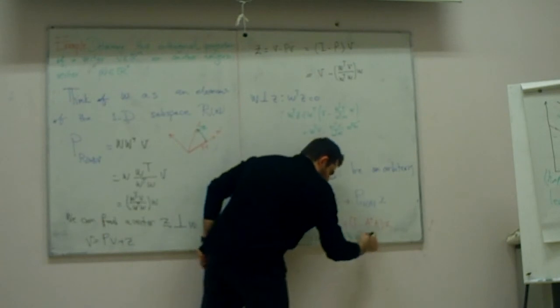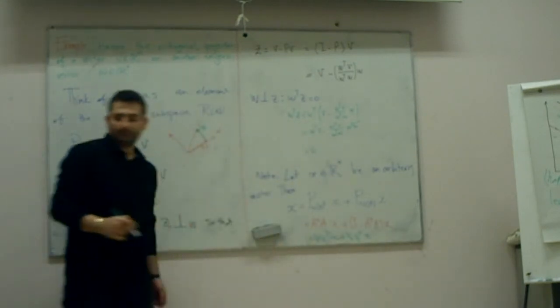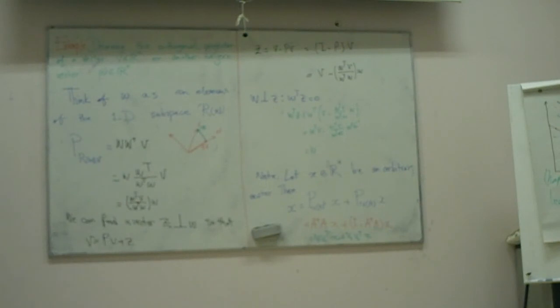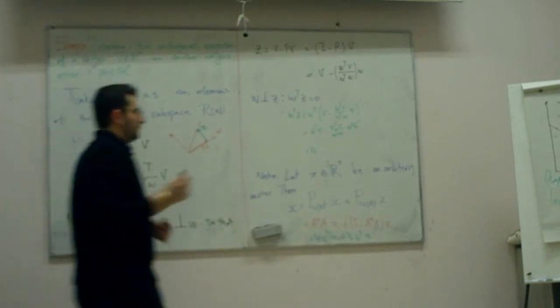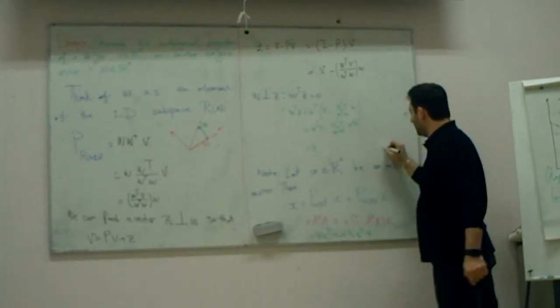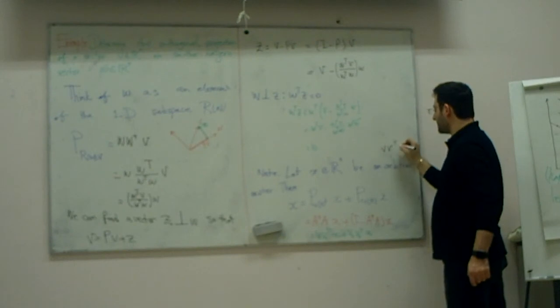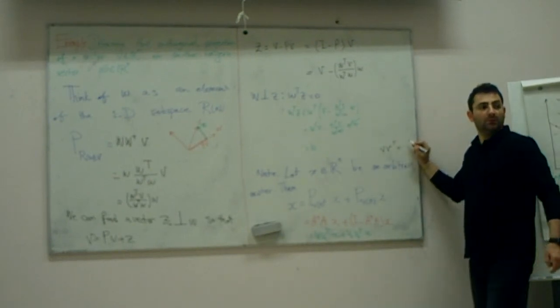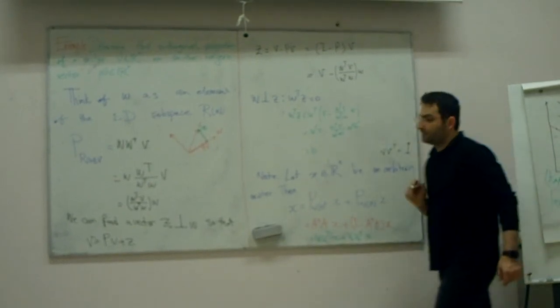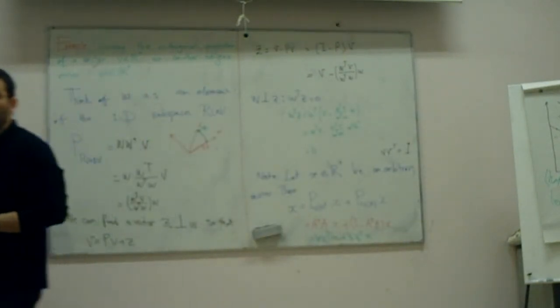V2 V2 transpose X. Do you remember what was V V transpose? In SVD, V multiplied by V transpose is equal to? I. Yeah, I, because they are orthogonal, we know that.